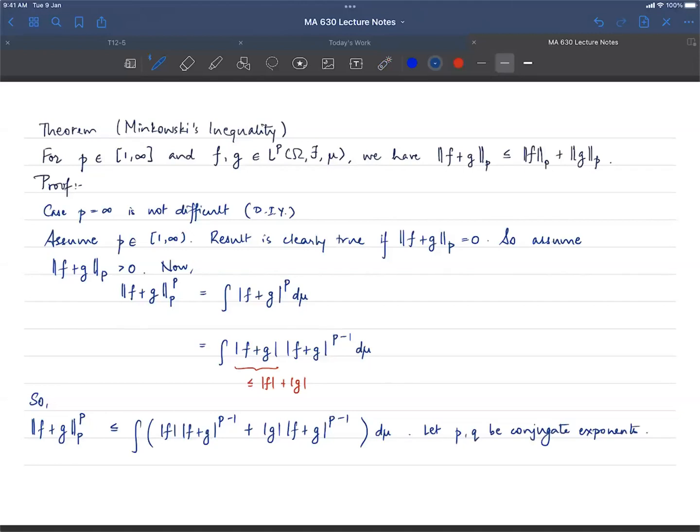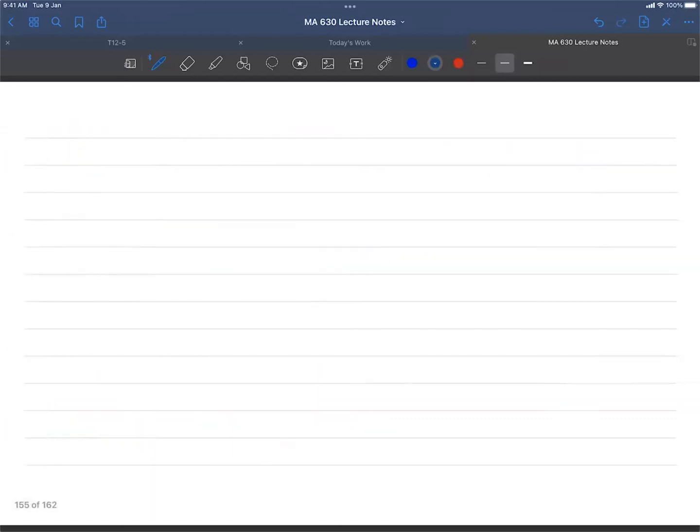So actually what I'll do is I'll look at the case when p is in (1, infinity). So suppose p is in (1, infinity) and let p and q be conjugate exponents.